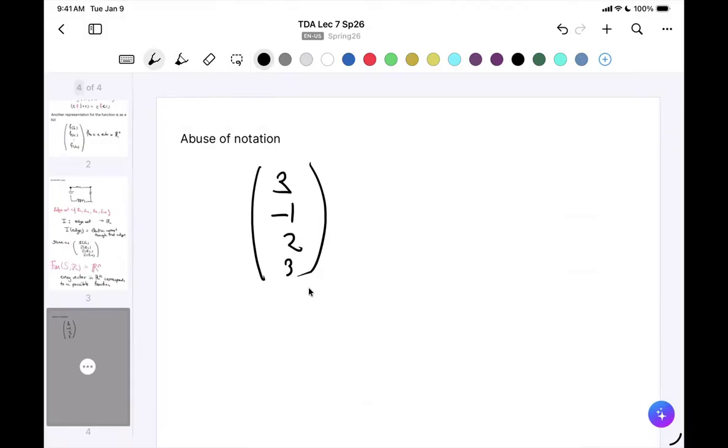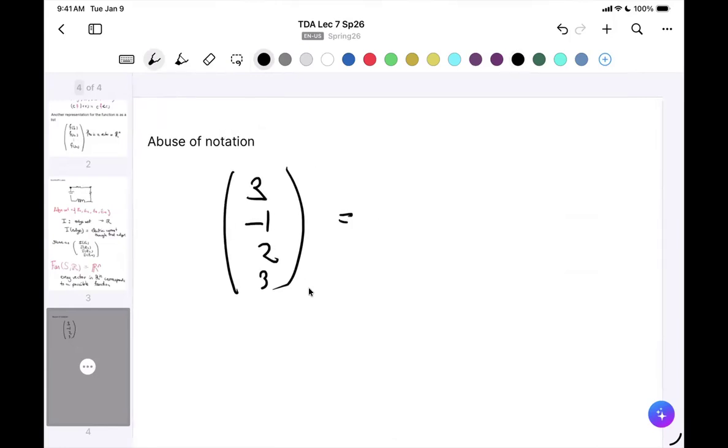So another way of writing this, if you want to emphasize which edge you're talking about, you could write this as 3E1 minus E2 plus 2E3 plus 3E4, right?